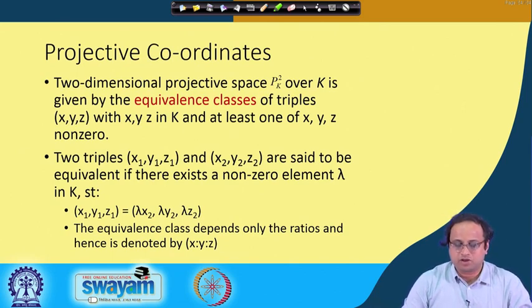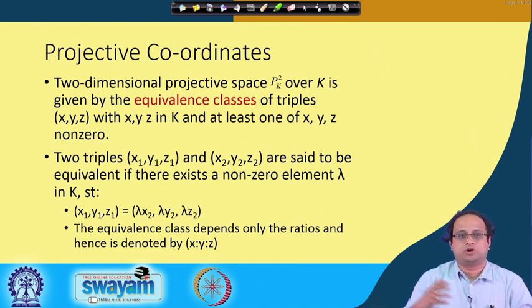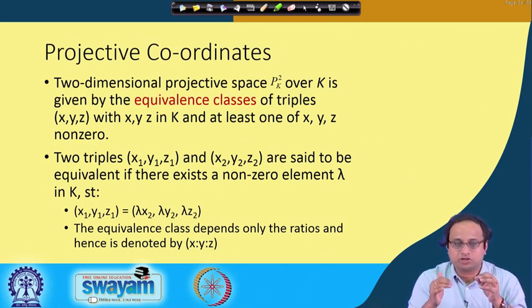Okay. So therefore, what we would like to do is develop techniques so that we can optimize these computations. One of the techniques which is very powerful in this context is to go for a 3 coordinate system. In affine coordinates, which we have been working on till now, we have 2 coordinates, x and y. In projective coordinates, as it is called, we have a 3 coordinate system: x, y and z.